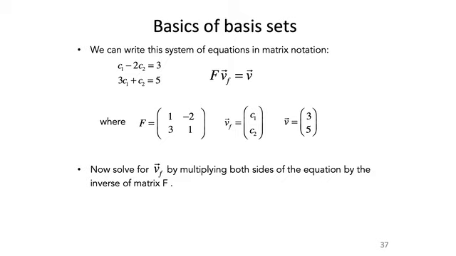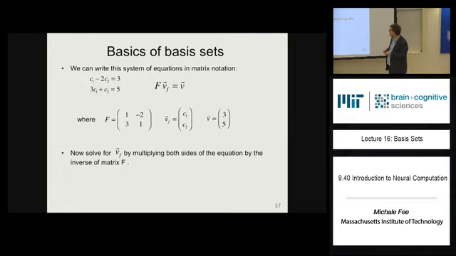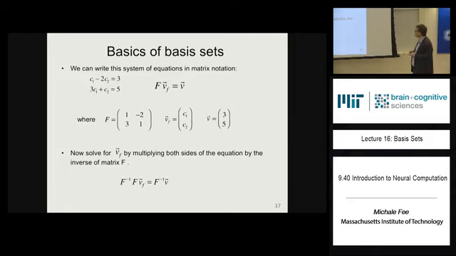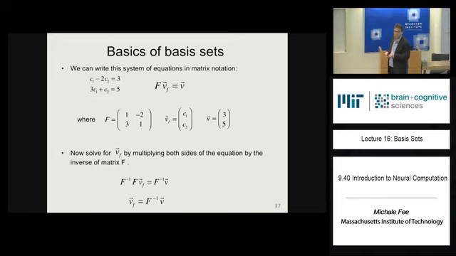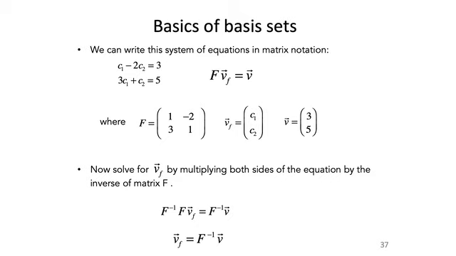And we solve for v sub f. In other words, we solve for c1 and c2 simply by multiplying v by the inverse of this matrix F. So the coordinate vector in this new basis set is just F inverse times the old vector.